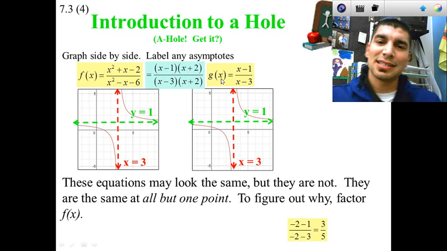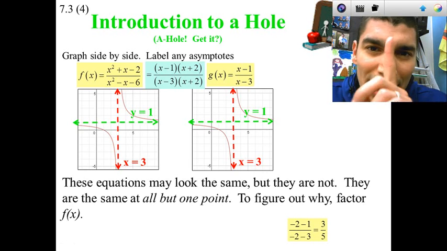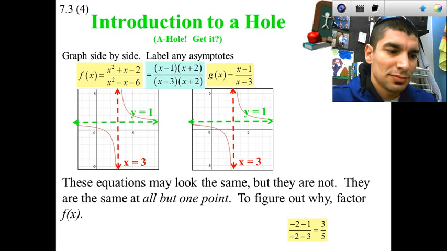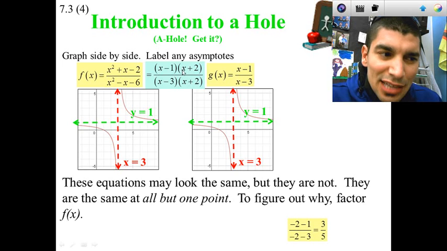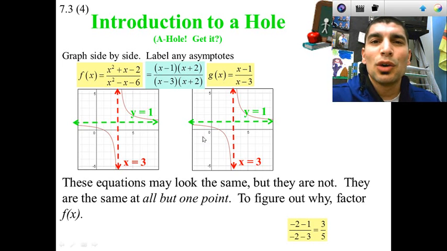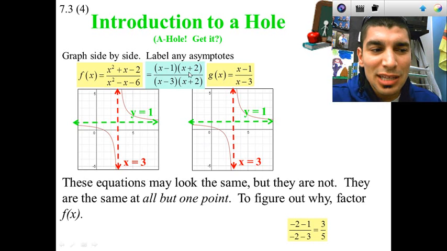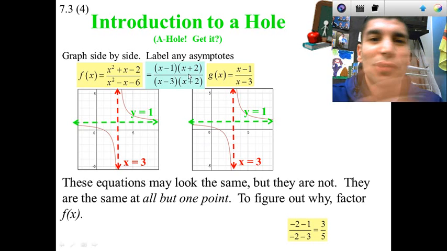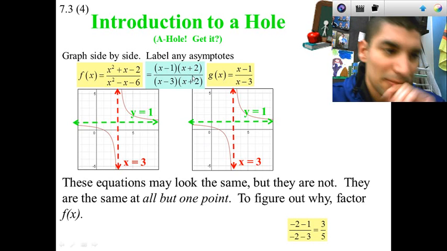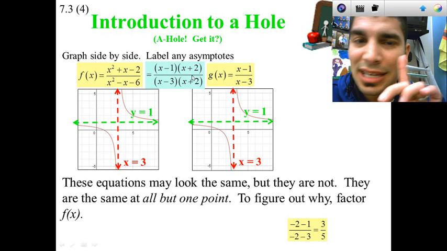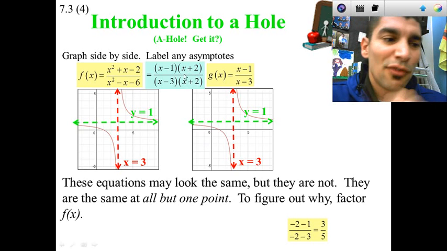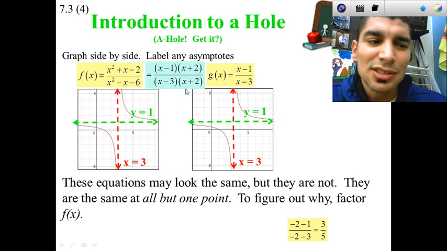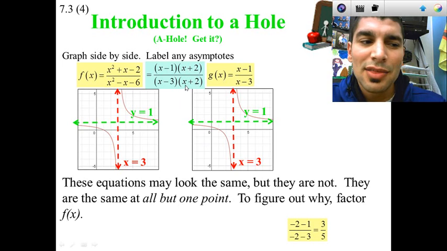These are the same exact equation except for one thing. Let's look at this before I reduce, cancel is not the correct word, I'm sorry, before I reduce. Is there something that x, right here where I'm pointing, cannot be? What can't x be?